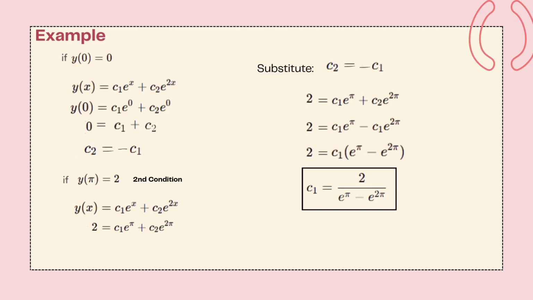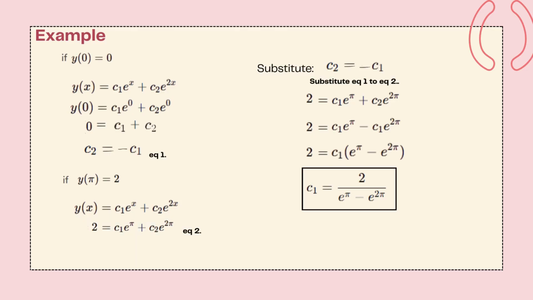If y sub pi is equal to 2, y of x is equal to c1 e raised to x plus c2 e raised to 2x. So 2 is equal to c1 e raised to pi plus c2 e raised to 2 pi.